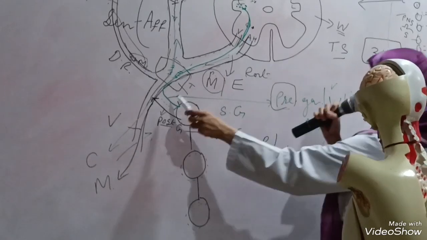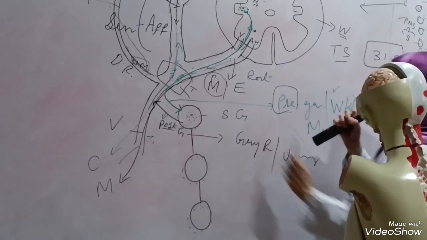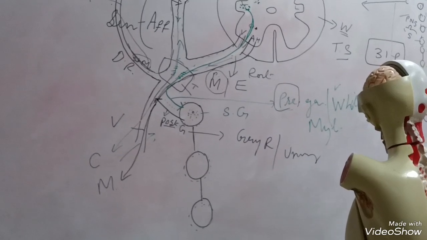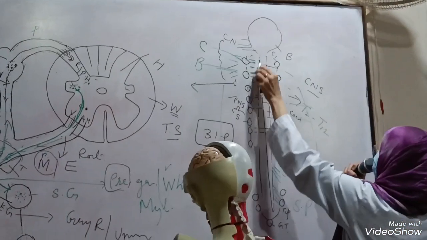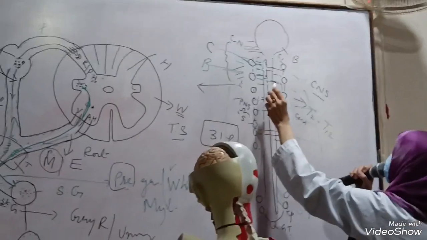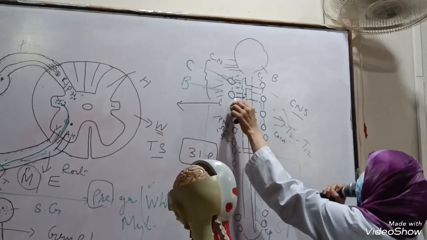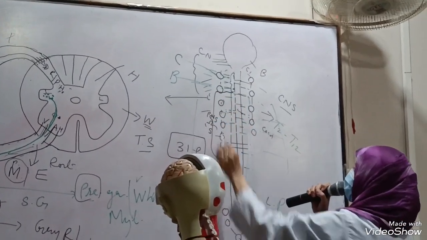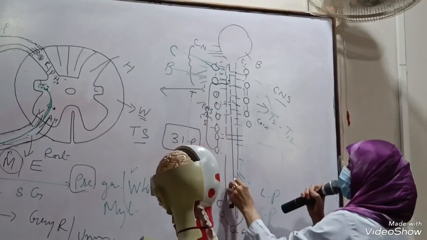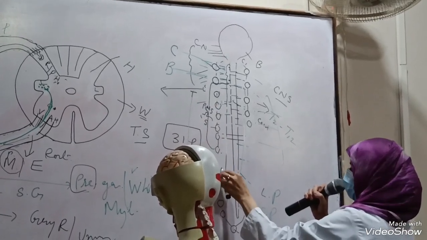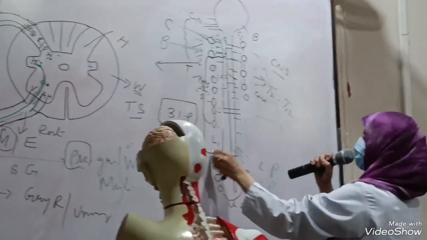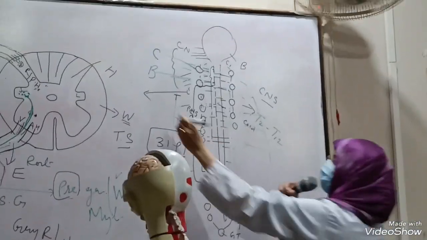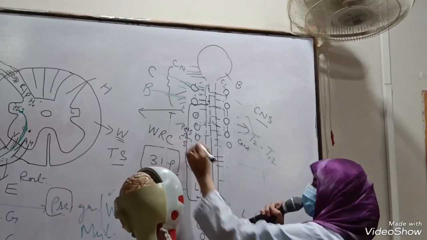But these preganglionic fibers are present in the thoracic region. If I leave the cervical region of the spinal cord, just from the thoracic region up to almost lumbar L1, L2 level, this level will be addressing the white rami communicantes.